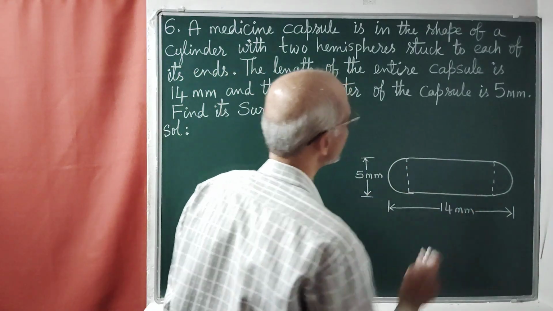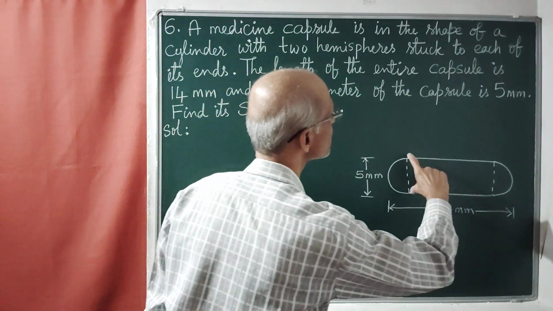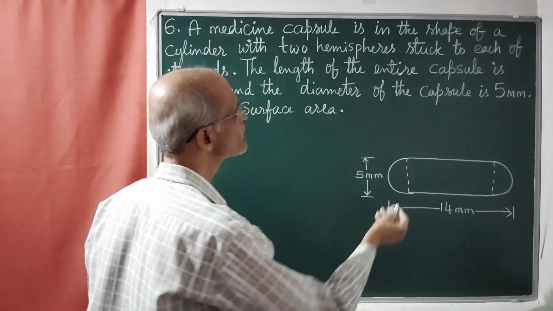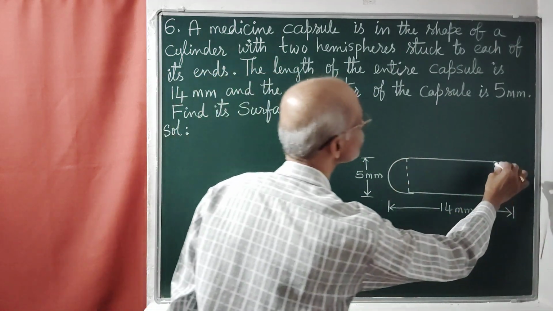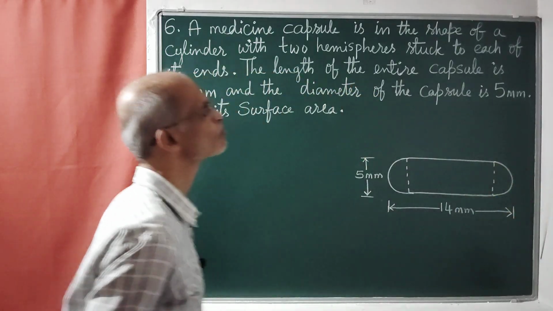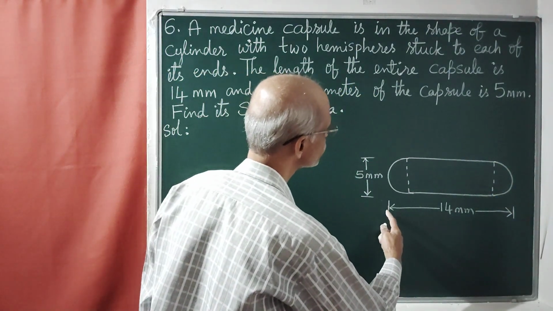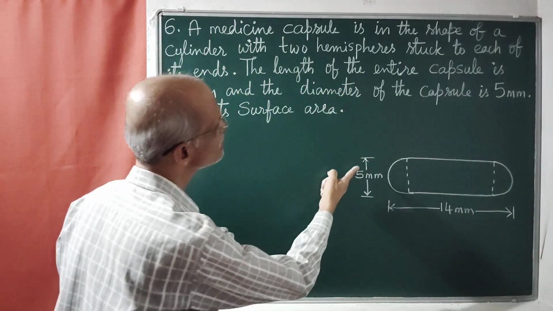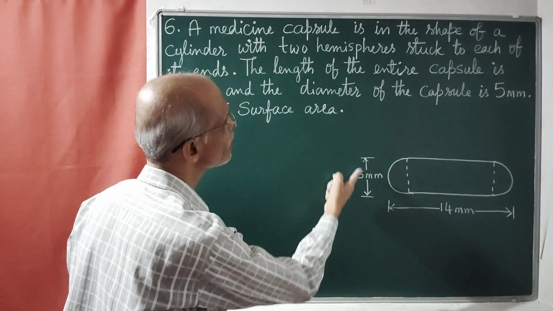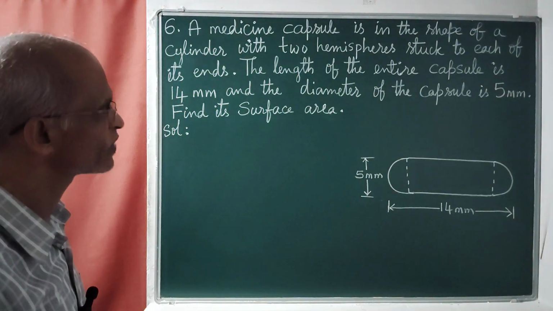This is the diagram of the capsule. The capsule is in the form of a cylinder. On this side there is a hemisphere stuck to it. Here there is a hemisphere on both sides. The entire length of the capsule is 14 millimeters. The diameter is 5 millimeters, and we need to find the surface area.